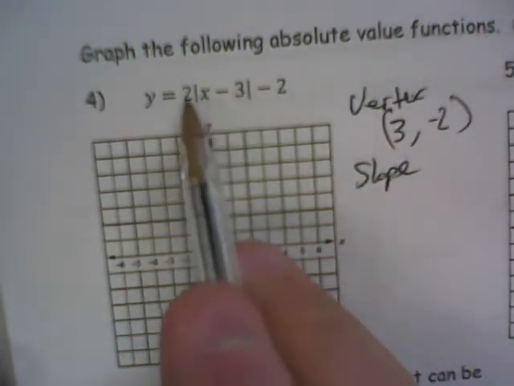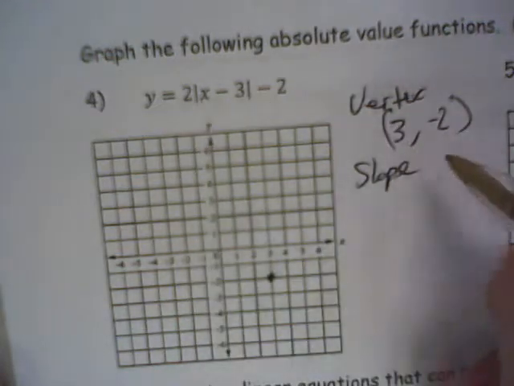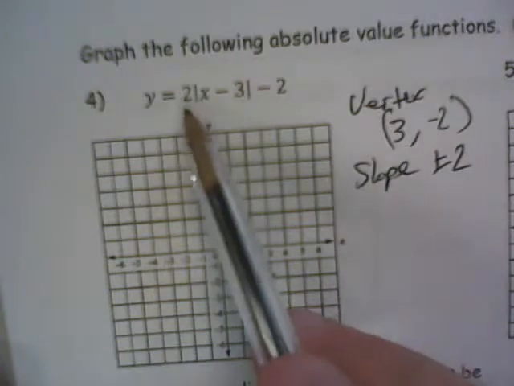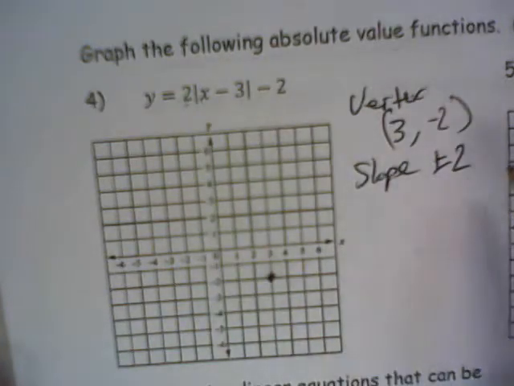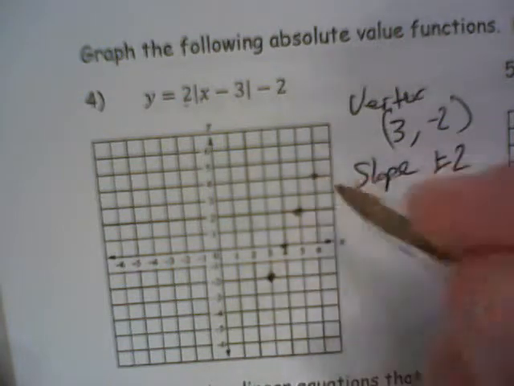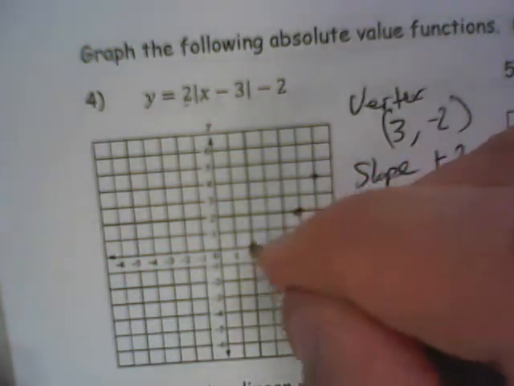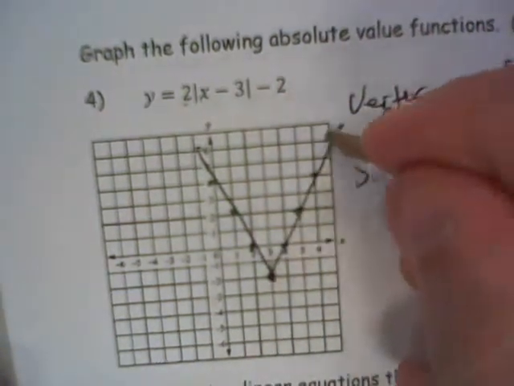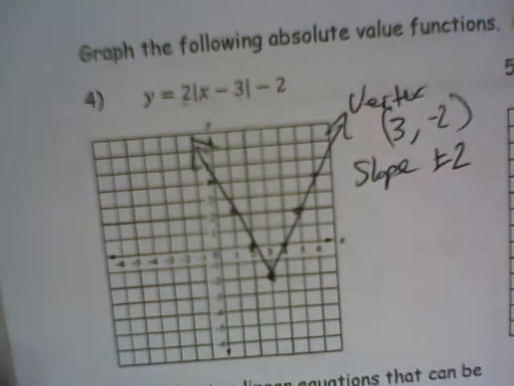Then, to find our slope, we multiply our a times our m together, which is 2 times 1. So our slopes are plus or minus 2. And because this a is positive, it's going to open up. So I'm going to go up 2 over 1, up 2 over 1, up 2 over 1, or up 2 left 1, up 2 left 1, up 2 left 1, and I get a graph that looks like this.